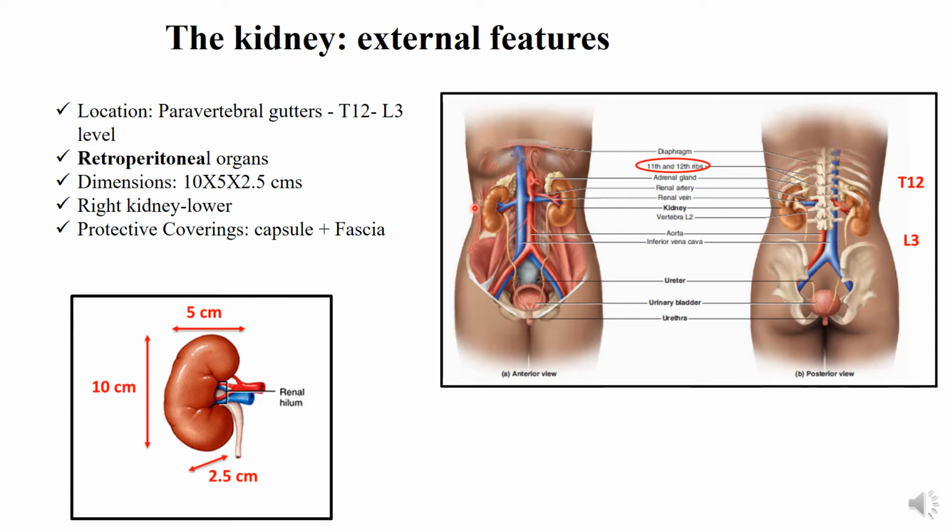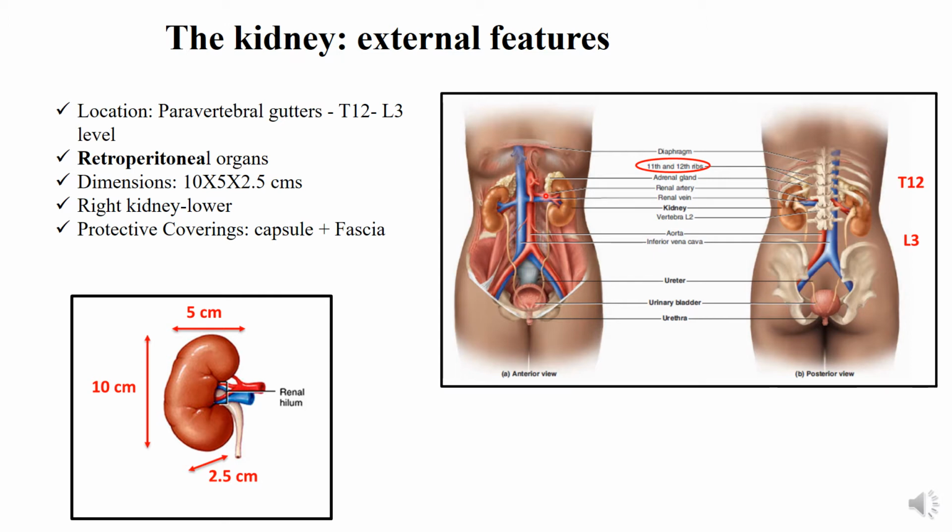If we look into the size of the kidney, each kidney is about 10 centimeters long, 5 centimeters wide, and the thickness is about 2.5 centimeters. If we look into the right kidney and the left kidney, we will find that the right kidney lies below the liver and the left kidney lies below the spleen.